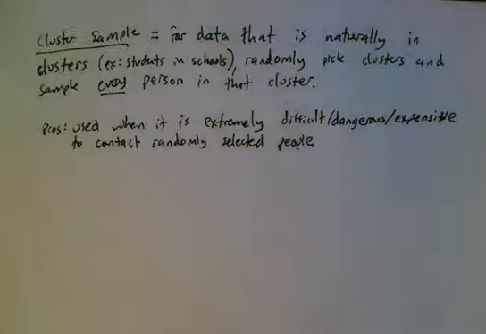So cluster sampling isn't often used outside of war zones, unless it would be really, really expensive to go around and randomly talk to every randomly picked student in Oakland. It would be far easier to just go to a school or a particular classroom and ask all the students there.